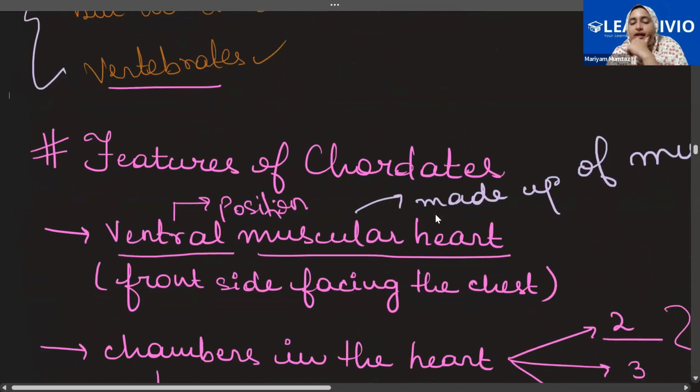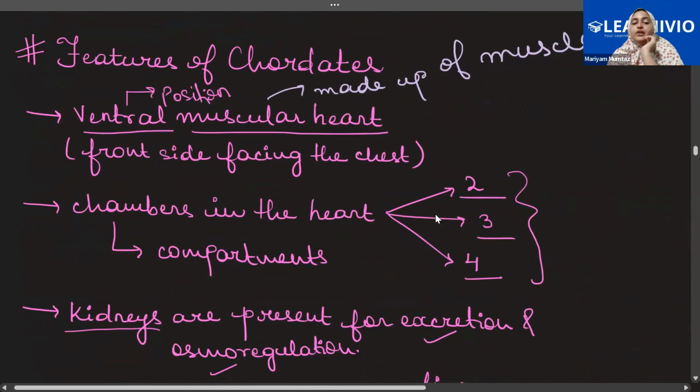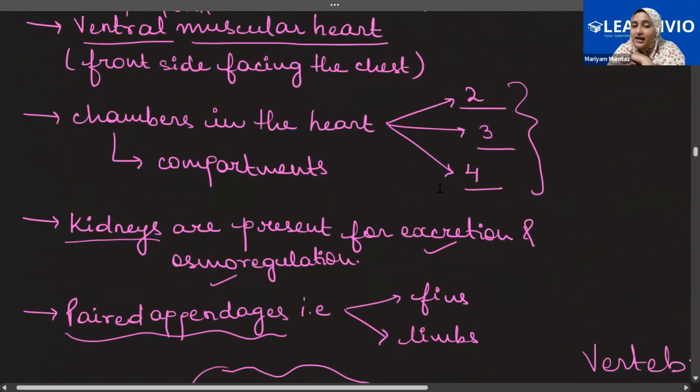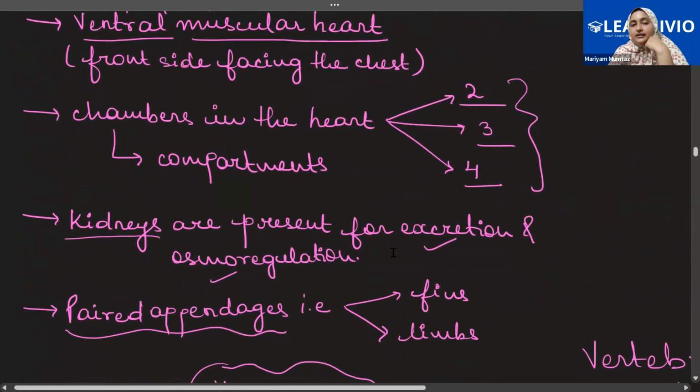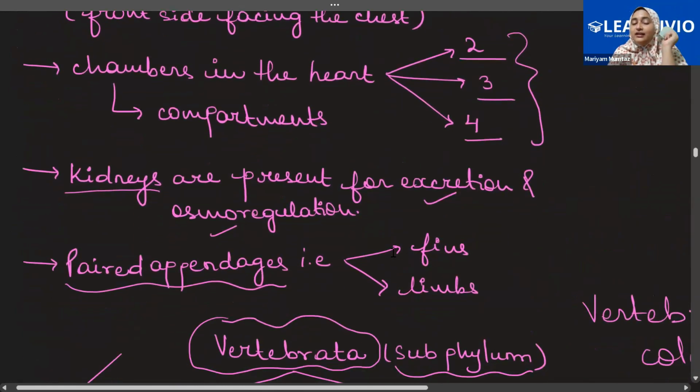All right. Now coming on to the chordates, we'll go in depth. When we talk about the chordates, we know that there are organisms with two-chambered, three-chambered, and four-chambered hearts. Most importantly, they have kidneys for their excretion and osmoregulation, the regulation of their electrolytes and everything.